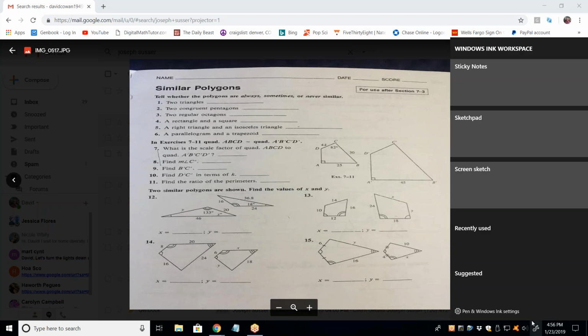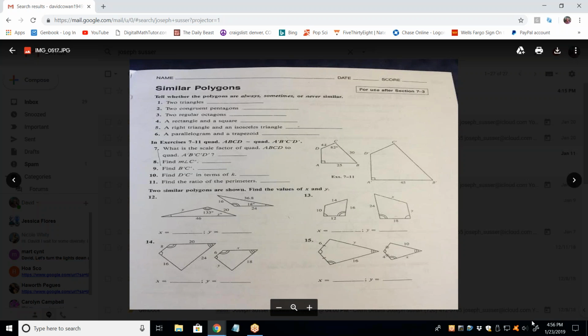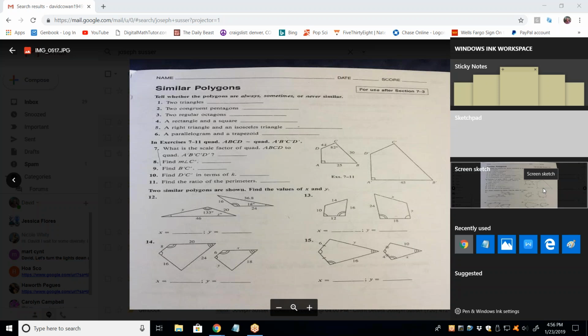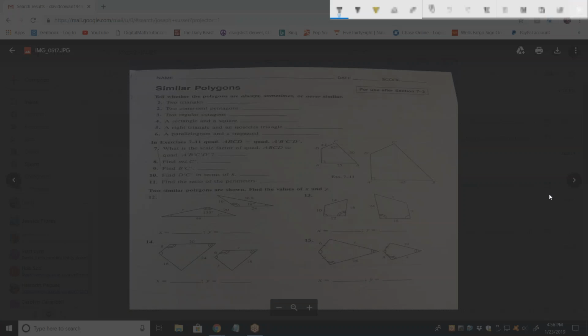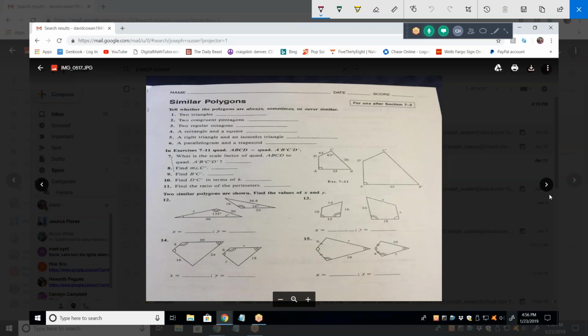Let me get so I can write here. Yeah, 2 triangles are obviously not always similar. And so sometimes they are. That's a pretty easy one.